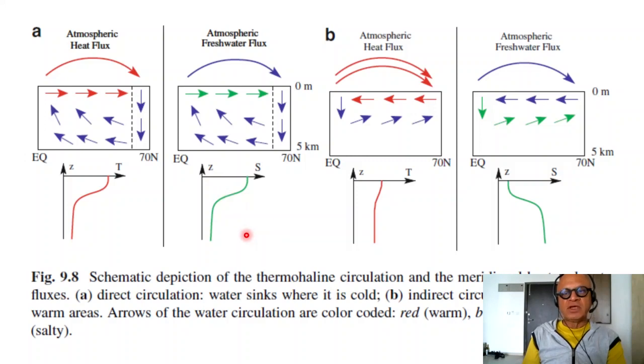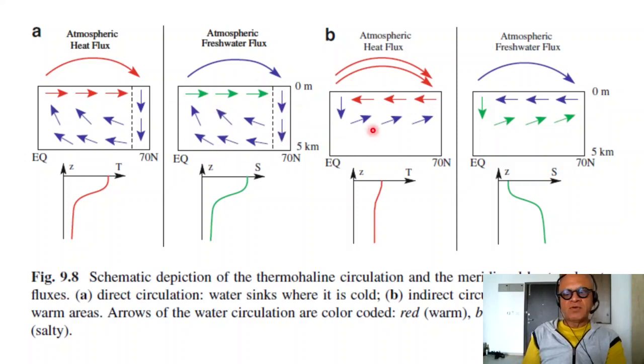So you end up with two types of indirect circulation with water sinking in warm areas. Okay, so arrows of the water circulation are color coded. Red is warm, blue is cold and fresh, and green is salty. So you are moving salty water, sinking cold fresh water, and creating a reverse circulation.